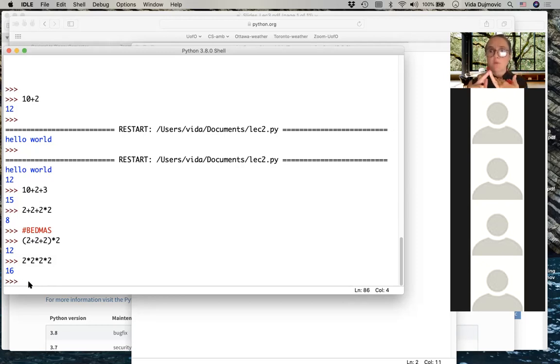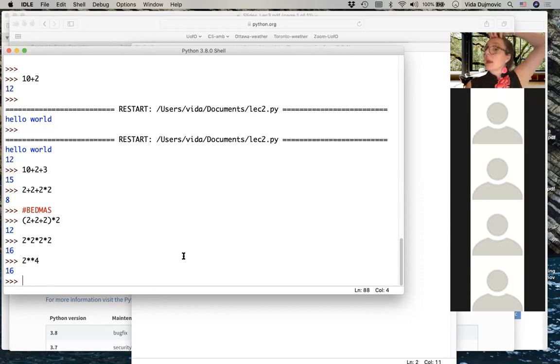The same applies for minus and division, but it also has an exponentiation operator, which most other programming languages don't have. So 2 times 2 times 2 times 2, that's 2 to the 4. And the exponent operator in Python, you use 2 stars. So this is 2 to the 4, and you get the same result.